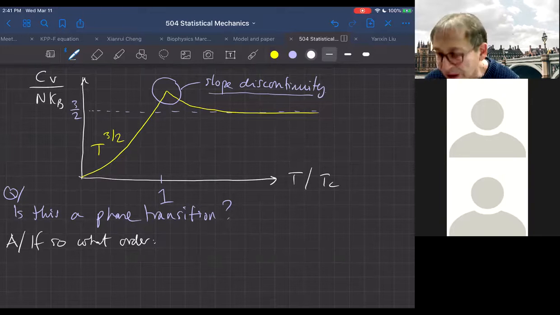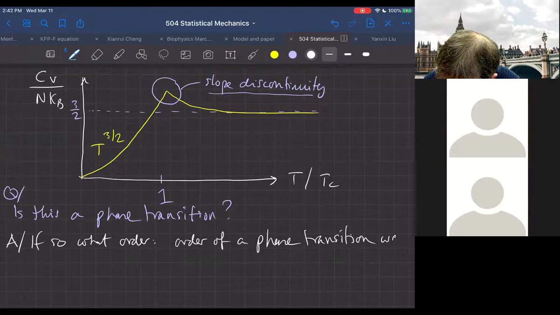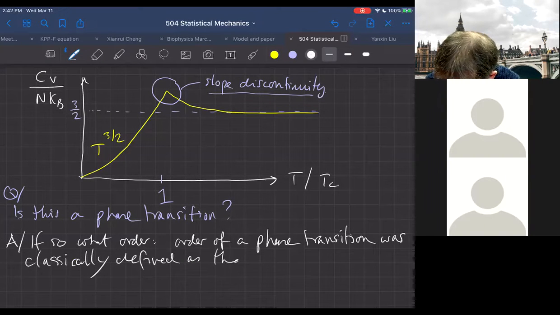Let's remind ourselves how we describe the order of phase transitions. The order of a phase transition was classically defined as the derivative of the free energy that has a discontinuity.